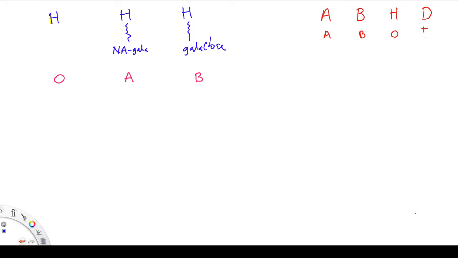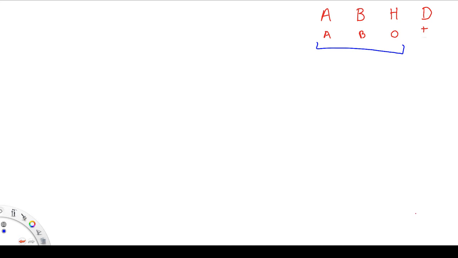Now, it will make sense. You see, the gene for these ABH codes on different chromosomes. For antigen D, the gene is on chromosome 1, for AB it is on chromosome 9, and for H it is on chromosome 19.